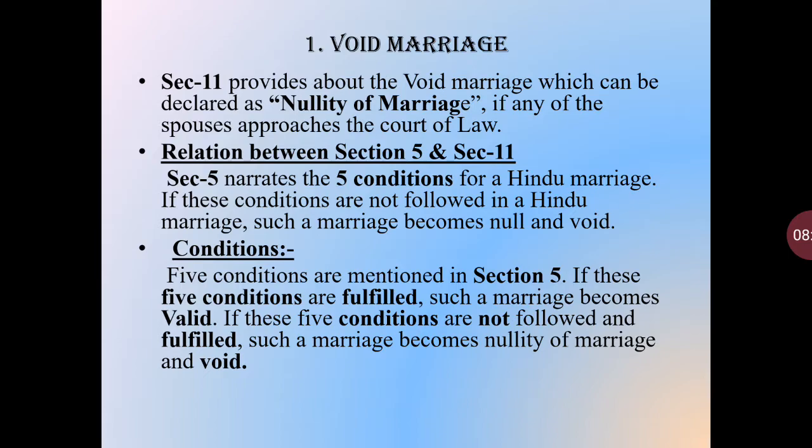Void marriage. Section 11 provides about the void marriage, which can be declared as nullity of marriage if any of the spouses approaches the court of law. Relation between section 5 and section 11. Section 5 narrates the 5 conditions for a Hindu marriage.